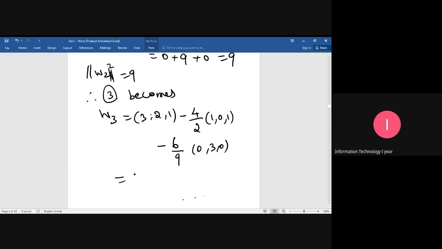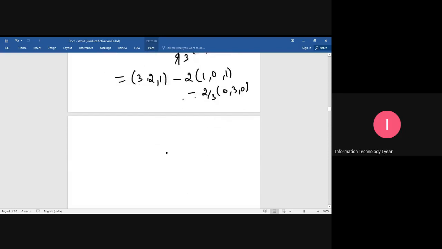Okay, so now take its simplification, that is the final one. Cancelling that, it is 2 into 1, 0, 1, minus, here cancel it, 2 by 3 into 0, 3, 0. So one more step.